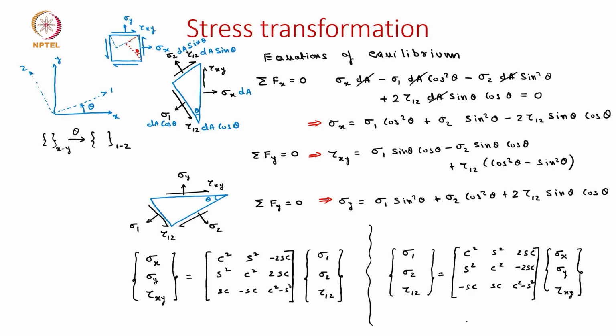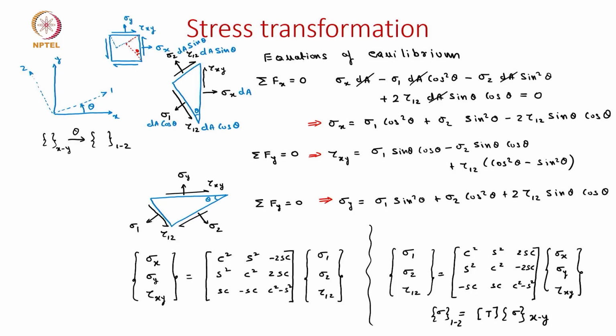So, this 3 by 3 matrix we will now call the transformation matrix T, because if you multiply these stresses in the body coordinates, then it takes us to the stresses in the material coordinates 1 2.